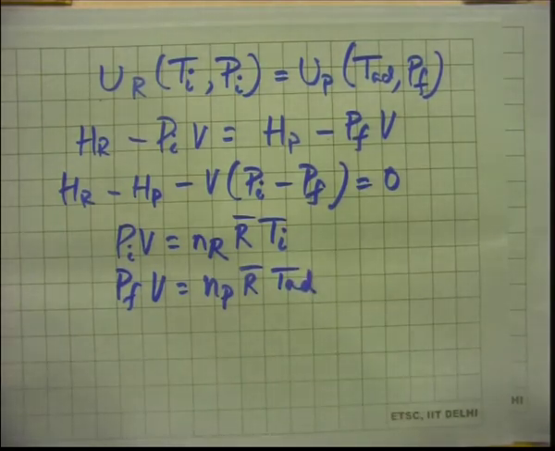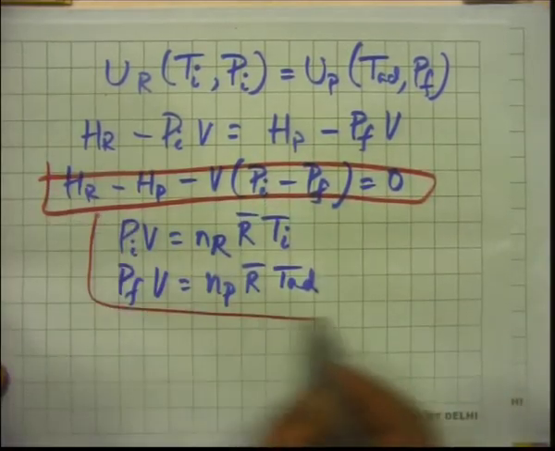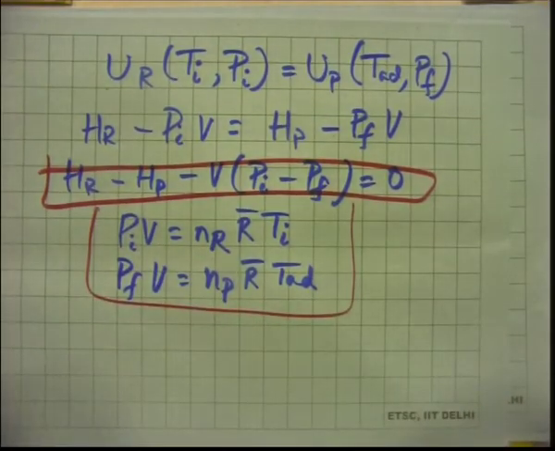So we can do all of this, and in a particular problem, if you know that the combustion is constant volume, then you can use this equation, in association with these, to find the adiabatic flame temperature for constant volume combustion.